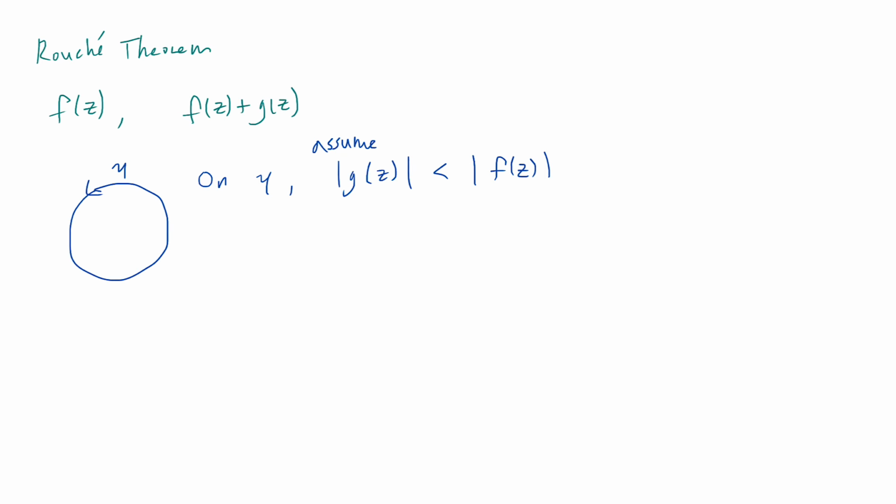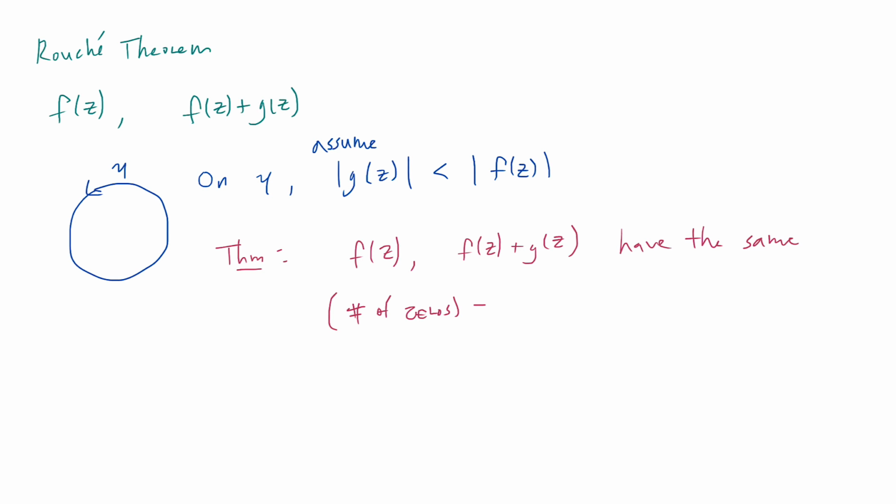this is the claim, and this is Rouché's theorem. So let me actually write the theorem. It's that f of z and f of z plus g of z have the same quantity, number of zeros minus number of poles, inside gamma.